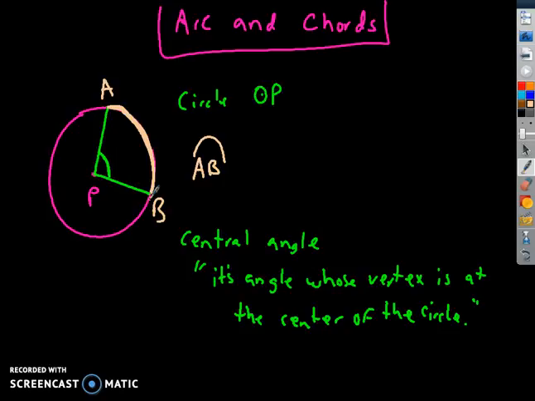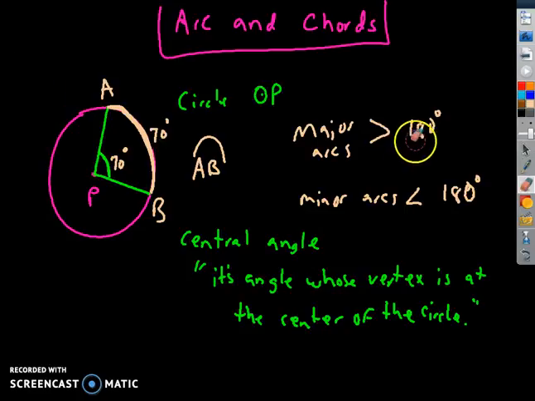Because of that, we have two kinds of arcs: major arcs and minor arcs. To be a major arc, it has to be greater than 180 degrees. To be a minor arc, it has to be less than 180 degrees.